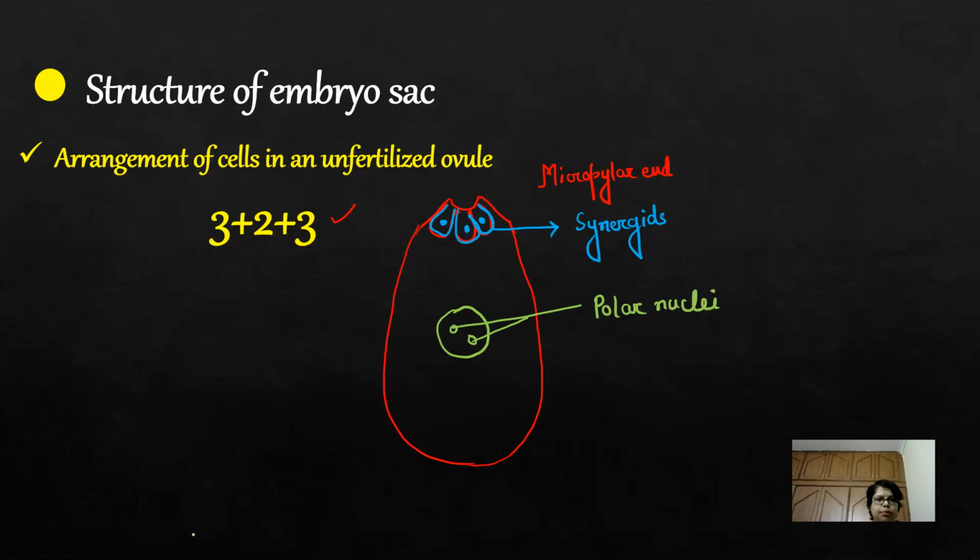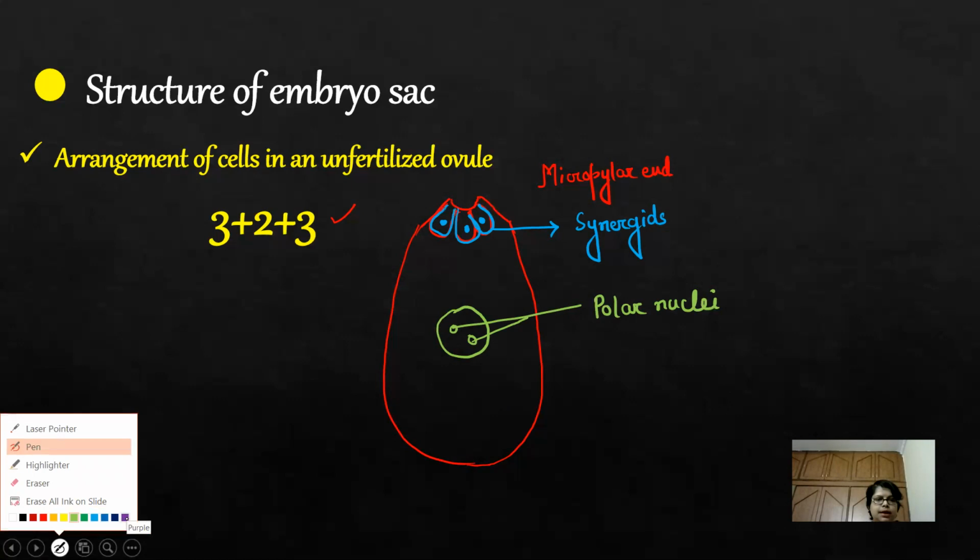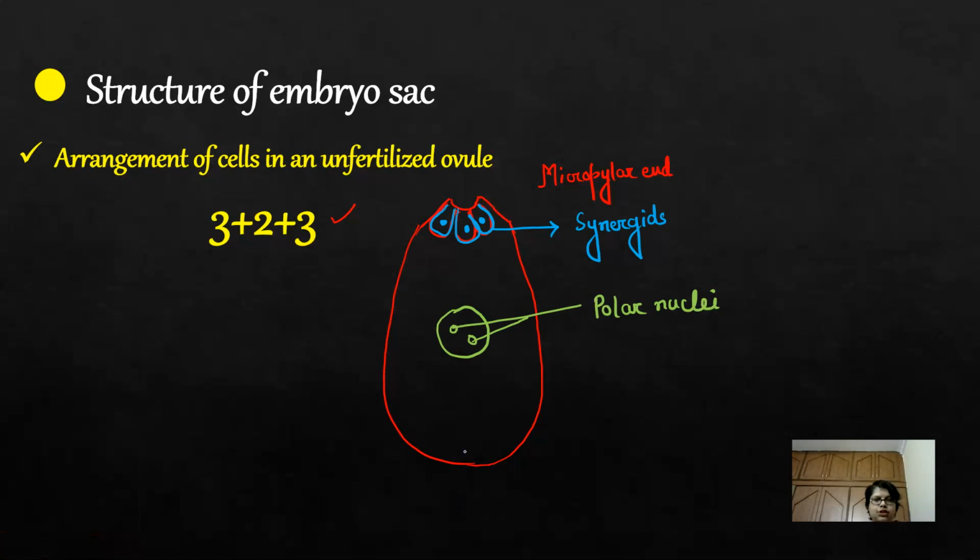And at the chalazal end, we will have again a set of 3 cells. These are the antipodal cells.